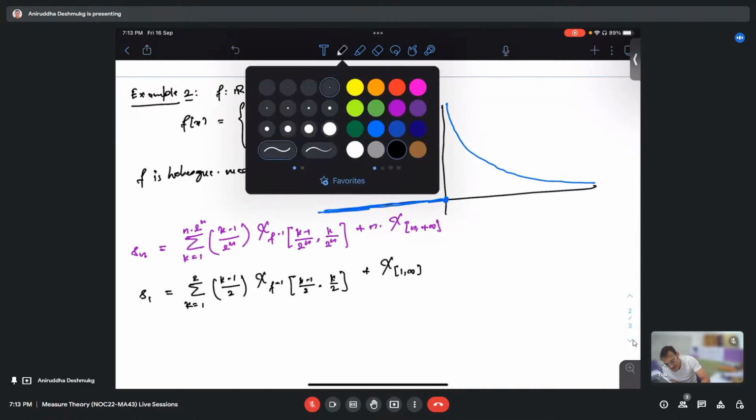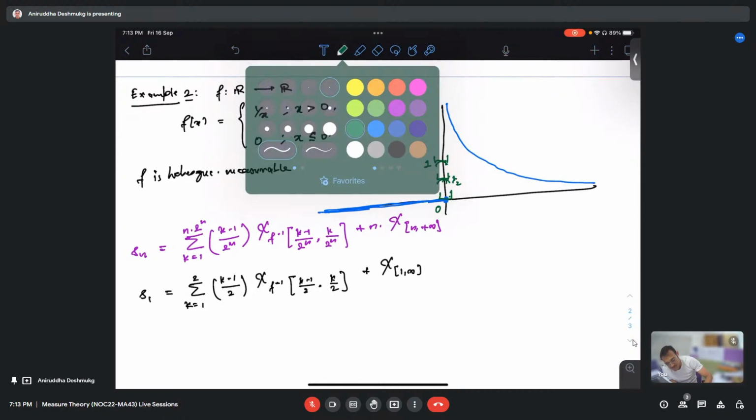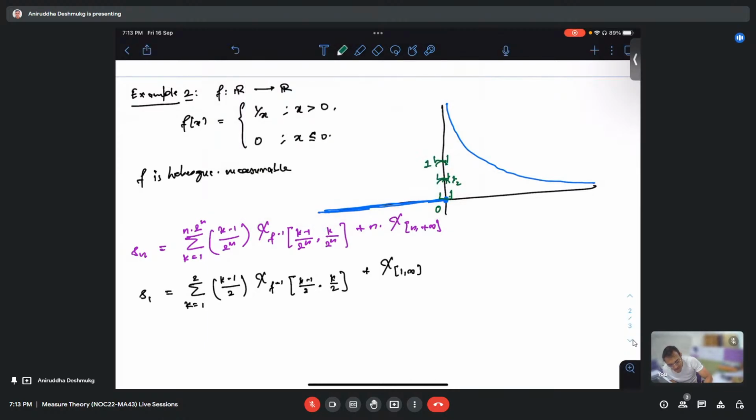So what we have done, let us divide this 0 to infinity into 0 to 1 open and 1 to plus infinity. And even this 0 to 1, I am further going to divide into 0 to half and half to 1. Now whatever the pre-image of this, let us mark it somewhere.